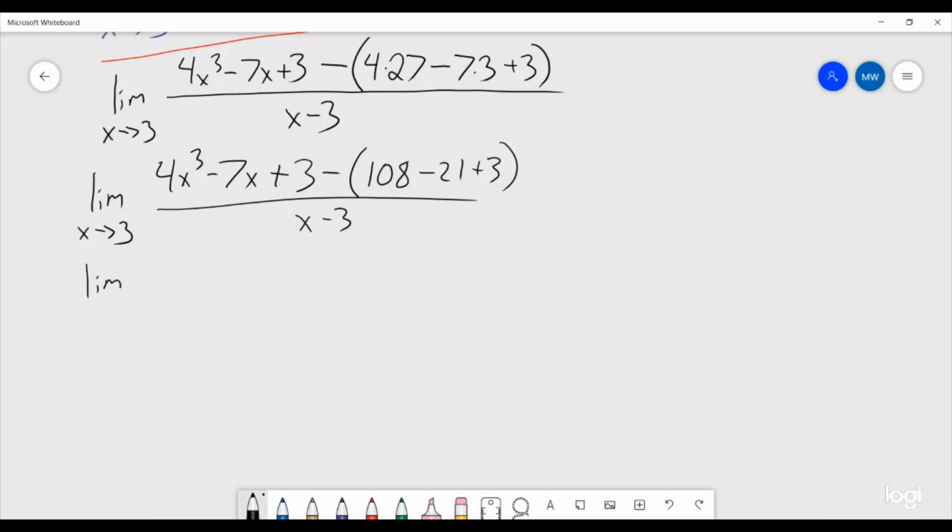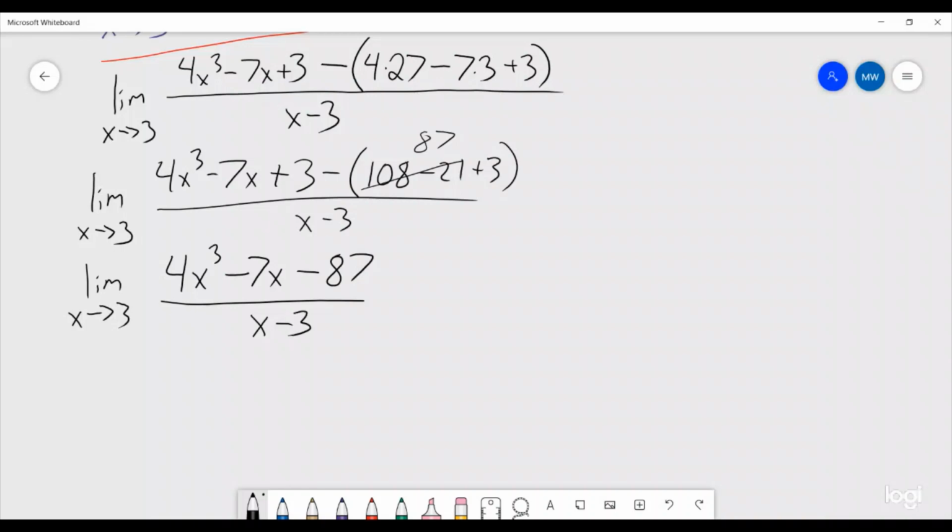That becomes the limit as x goes to 3. Let's see, 108 minus 21, that is 87. So 87 plus 3, that's 90. So 3 minus 90, that's a negative 87. So the top is 4x cubed minus 7x minus 87 all over x minus 3.